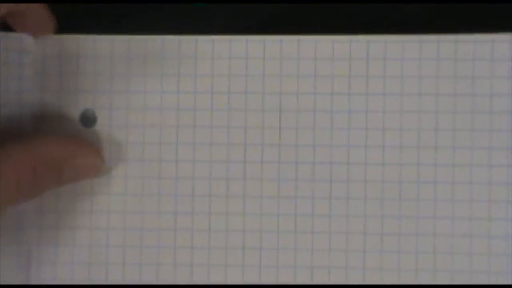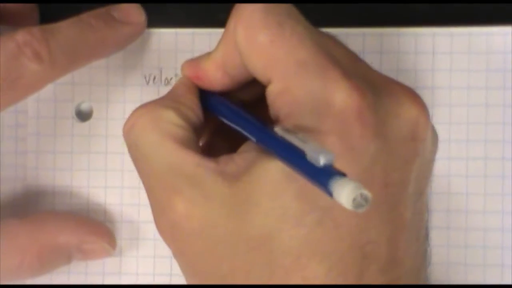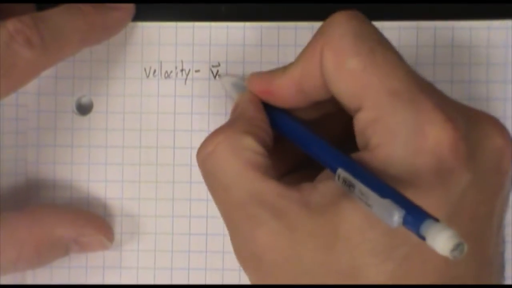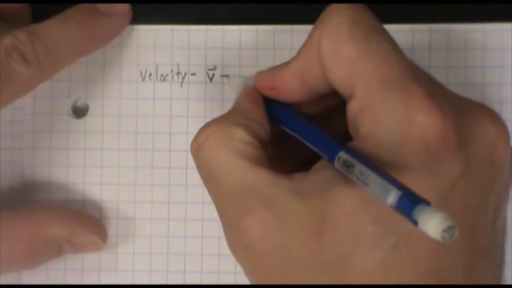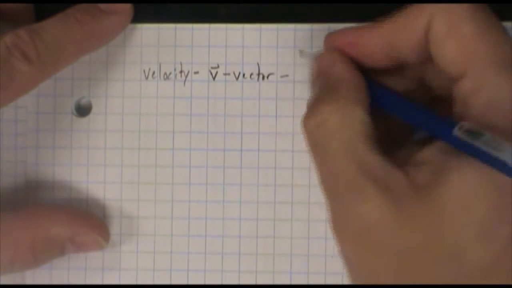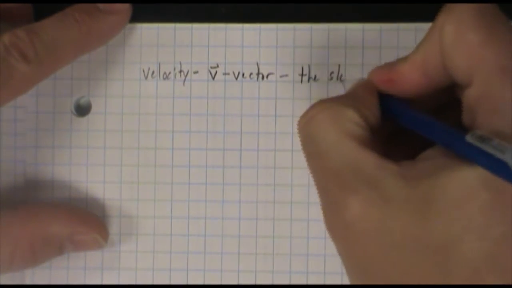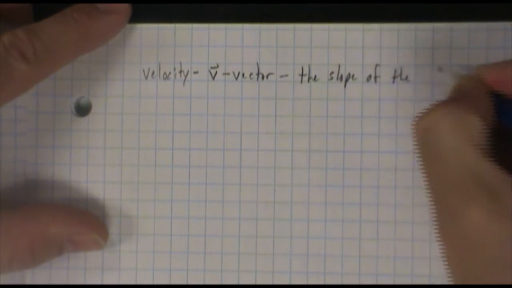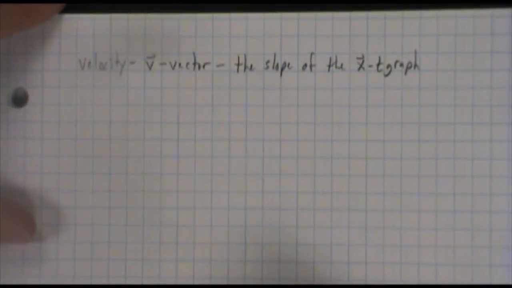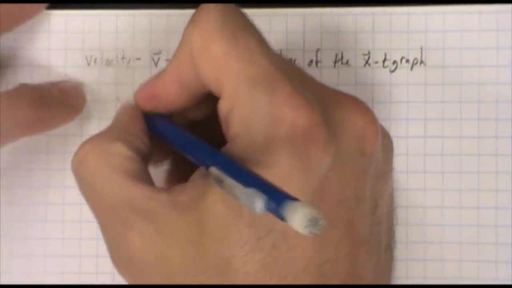Very specifically, velocity, the symbol, it is a vector, so we use v for velocity. It's a vector, so we put a hat on top of it. We define this to be the slope of the position time graph. That is the technical definition.